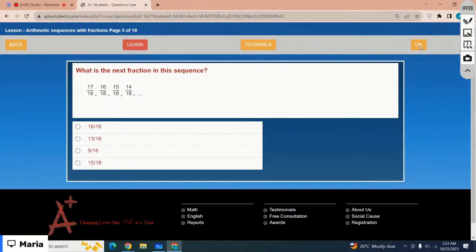Very good. The next one is 13 over 18. Very good.